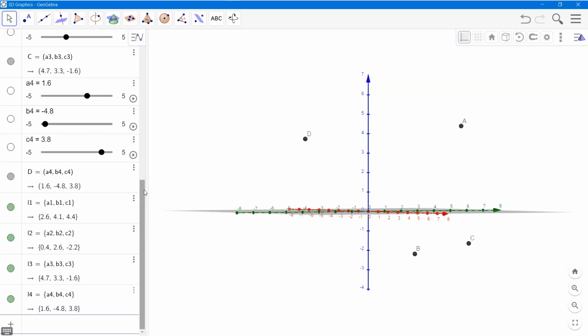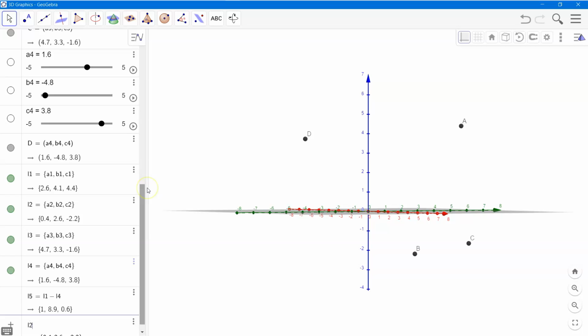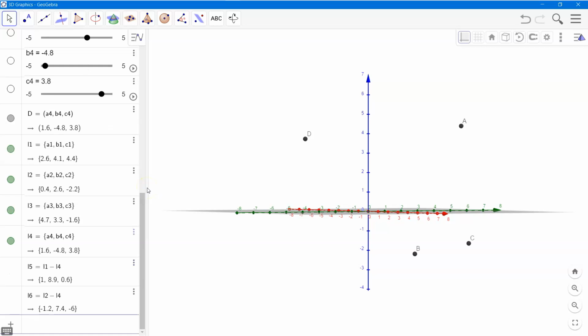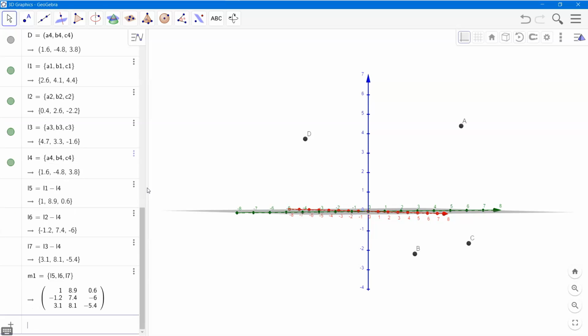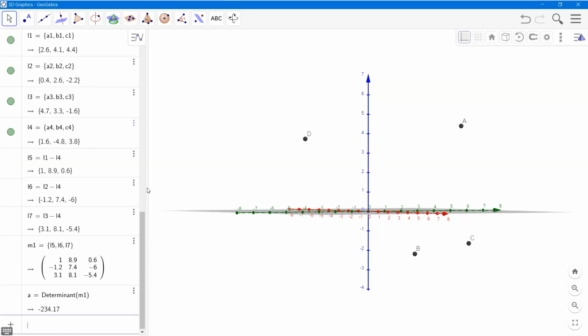Anyhow, then we came up with the direction ratios with respect to one point. So we said L1 minus L4, L2 minus L4, L3 minus L4. And these three row matrices, we combine into a single 3 by 3 matrix, L5, L6, L7. And then what we did was, the determinant of this M1 is the volume, and because of calculations it can be negative, so we said the absolute value of this, and divide by 6 gives us the volume.